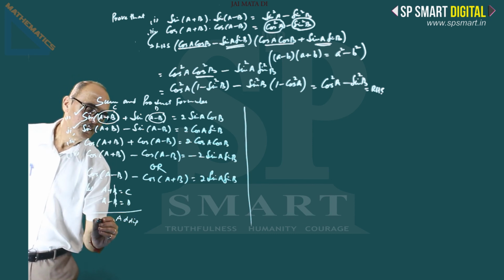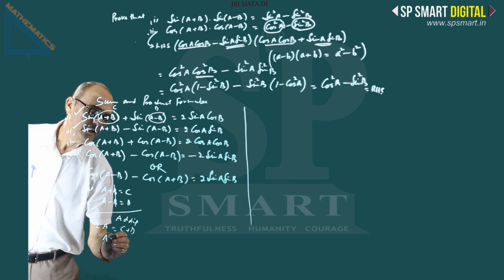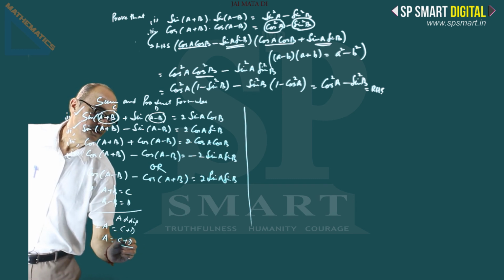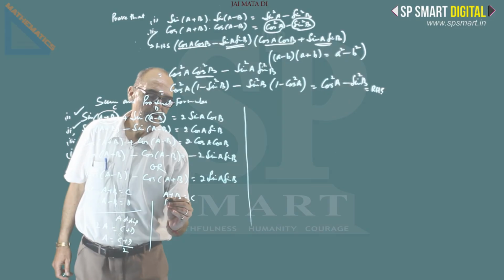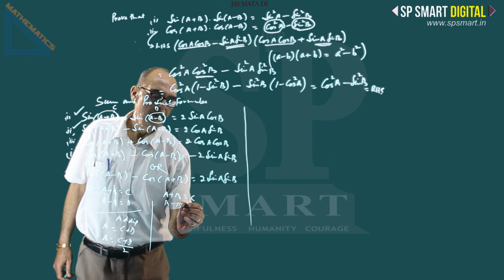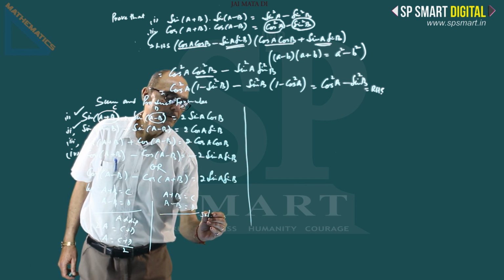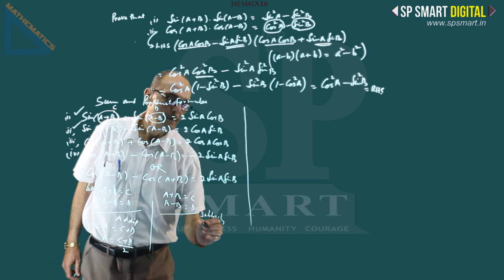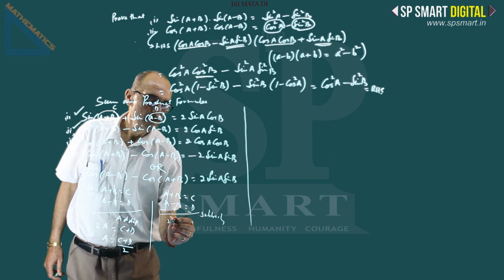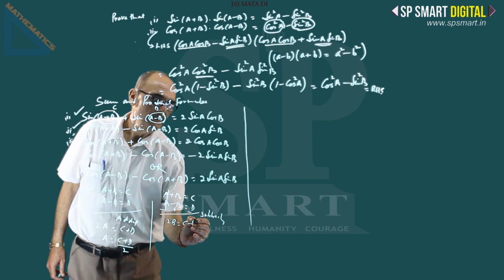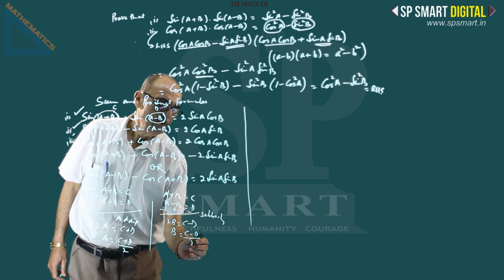This cancels, 2A equals C plus D and A equals (C plus D) by 2. Plus B is C, A minus B is D. Subtracting, this is minus plus minus, A cancels, 2B equals C minus D, B stands for (C minus D) by 2.